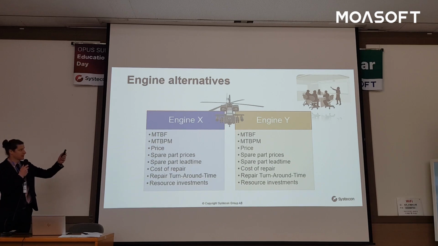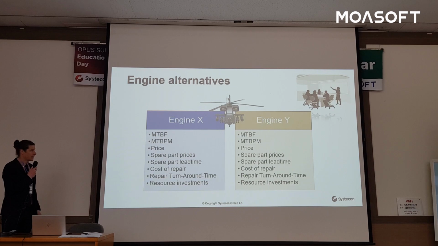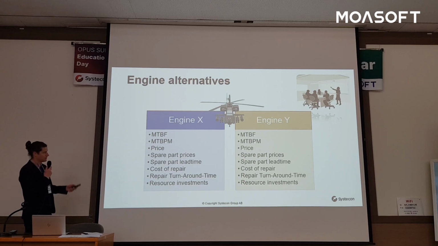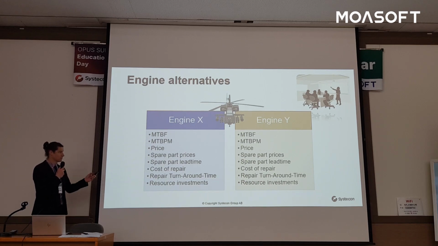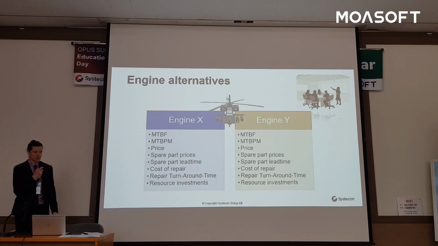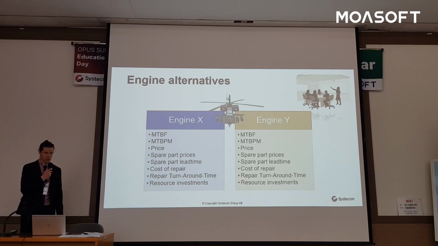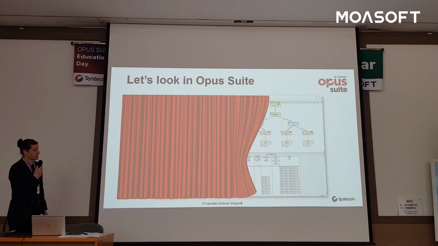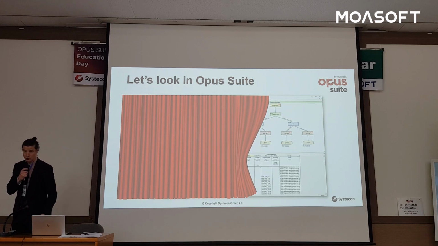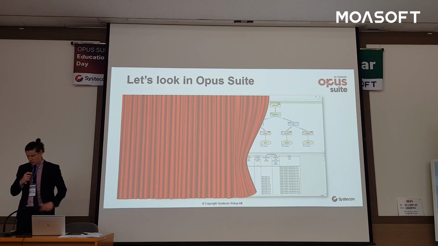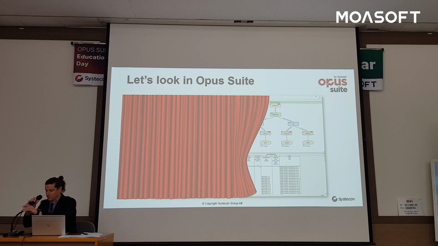We simplify, we call them X and Y, and they have different characteristics in terms of mean time between failures, time between PM, different price of the components, spare part prices, lead times, the repair costs, also turnaround times and resource investments. All these things vary between those two alternatives. And I'll leave it with that and we'll move to OPUS Suite and I'll show you how we can compare these alternatives.